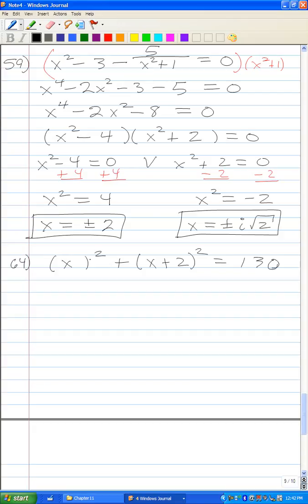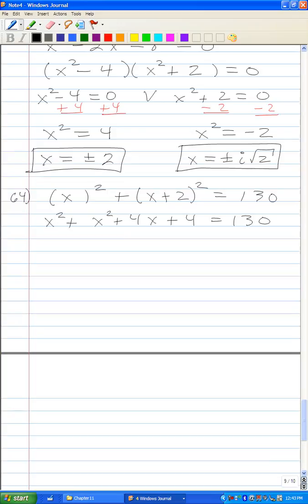Let's solve this equation. So we get x squared plus x squared plus 4x plus 4 is 130. Combine like terms. So I get 2x squared plus 4x plus 4 is 130.